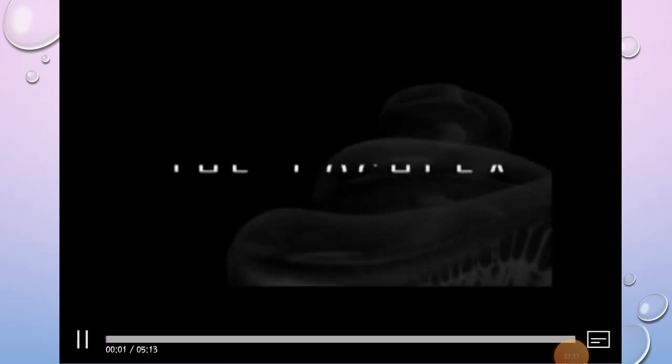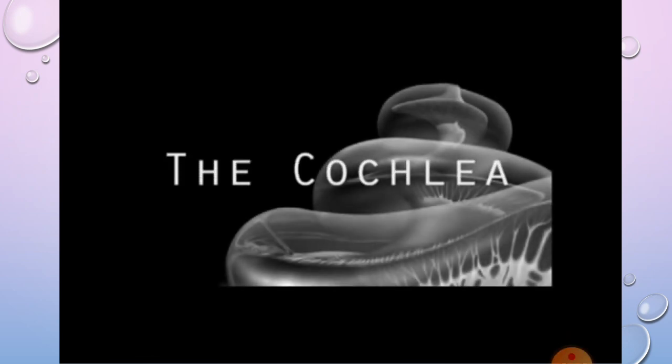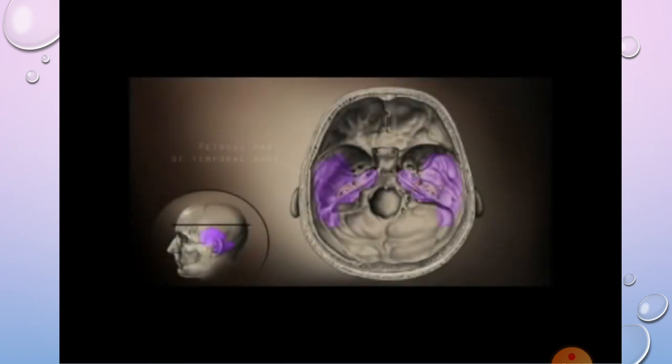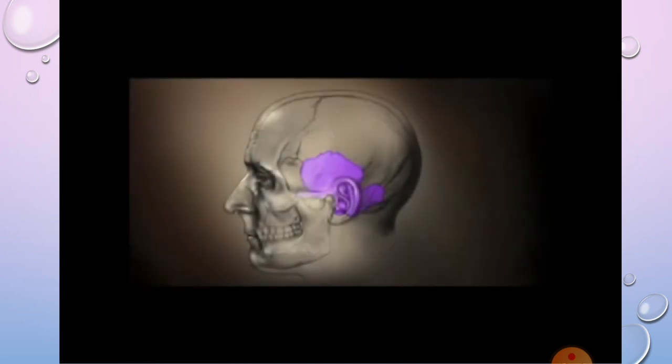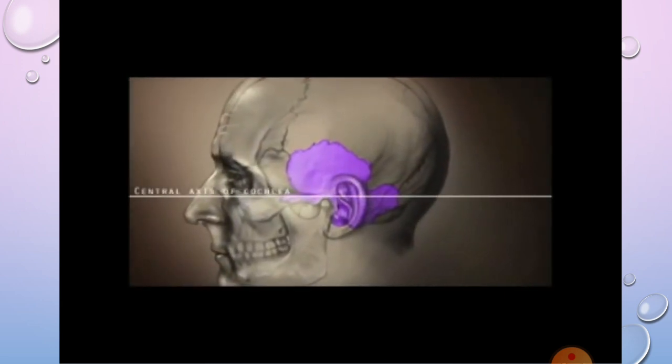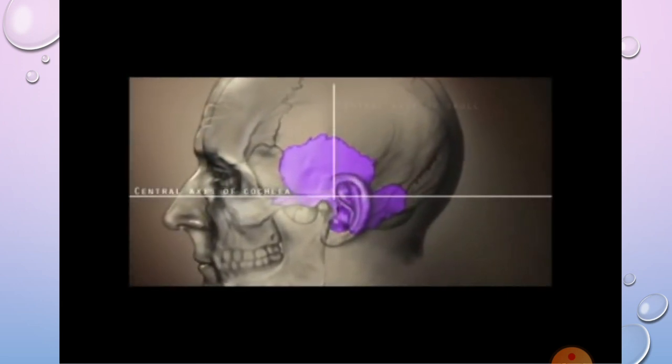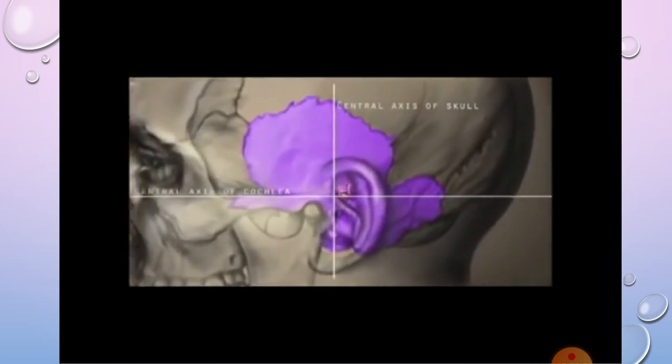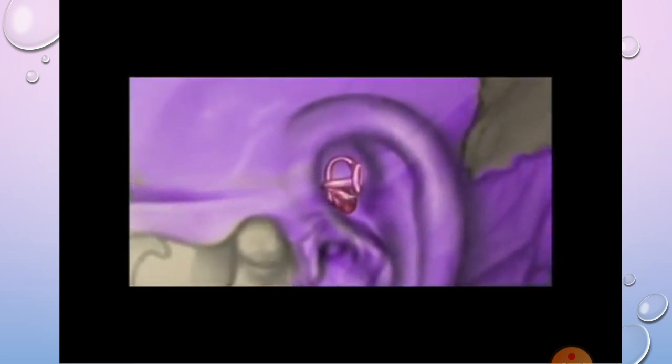Okay, let's have a look at the human cochlea. This is the middle and the posterior cranial fossa, showing you the petrous temporal bone. This is the temporal bone. Its central axis is horizontally oriented in relation to the axis of the skull. The shell-shaped part of the internal ear.